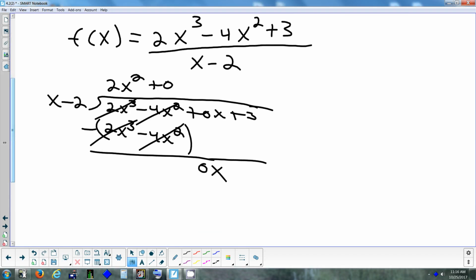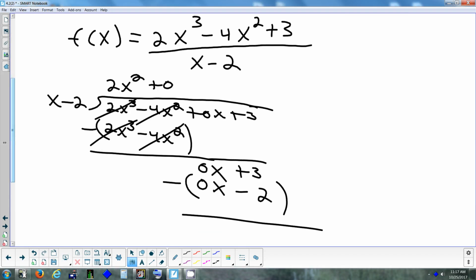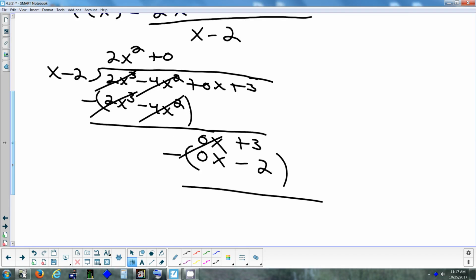So 0 times x is 0x. 0 times negative 2 is a negative 2. And you're subtracting. If you want to bring down the 3 at the same time, or you can just leave it up above and look at it, but just remember you have a plus 3. So 0 minus 0 is gone.